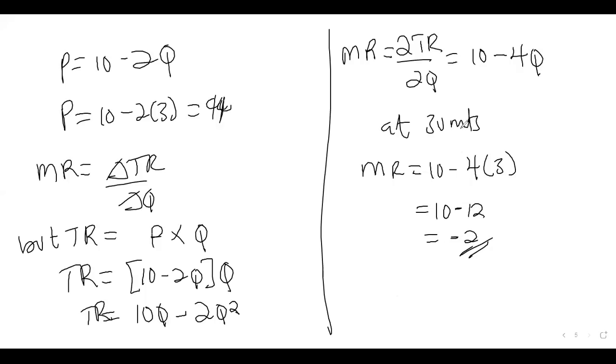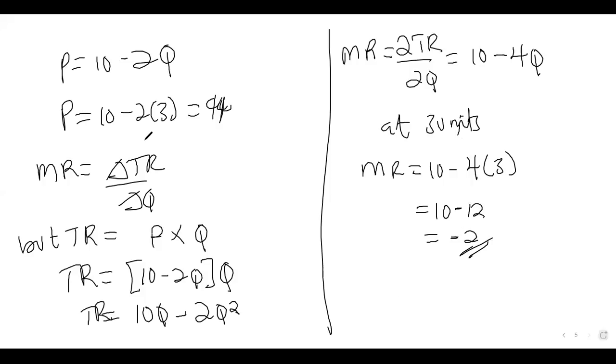Now, what it simply means is that the monopolist is probably facing an inelastic demand curve, because I told you that a monopolist will have a negative marginal revenue when the demand is inelastic. So let's confirm that.